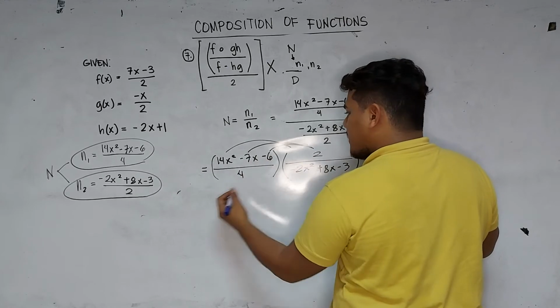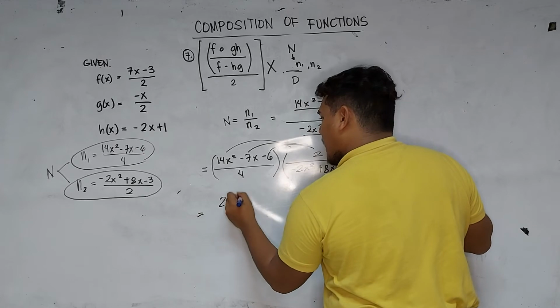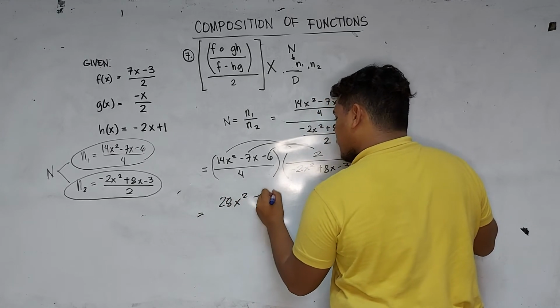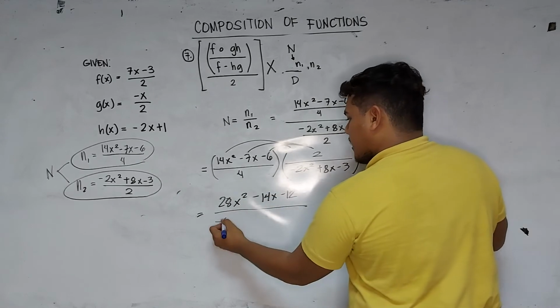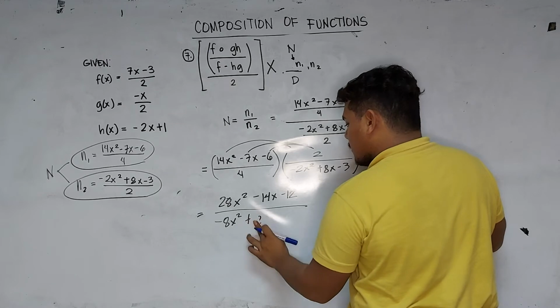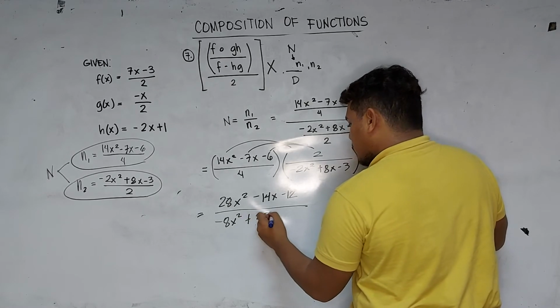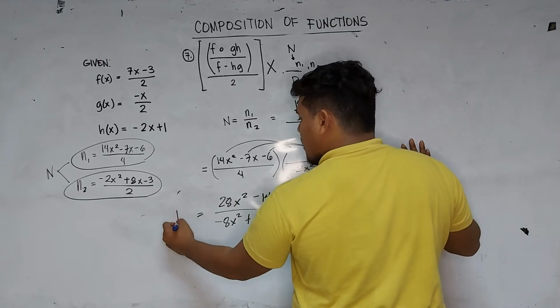So 14x squared times 2, that becomes 28x squared minus 14x minus 12 over negative 8x squared plus 32x minus 12. That is your numerator.